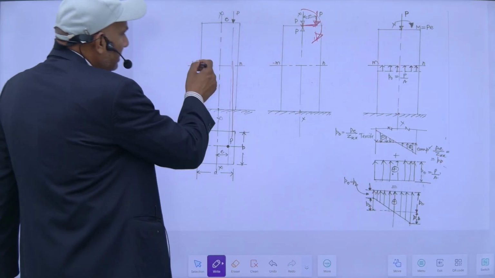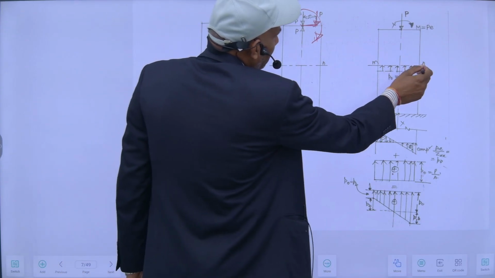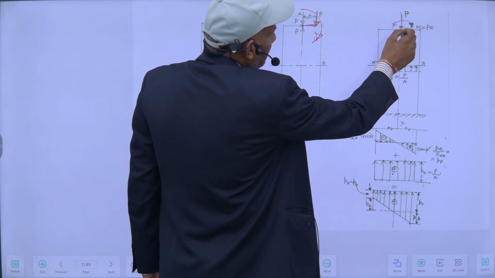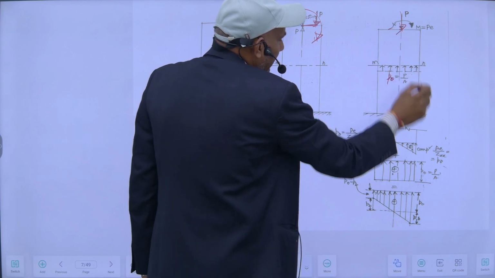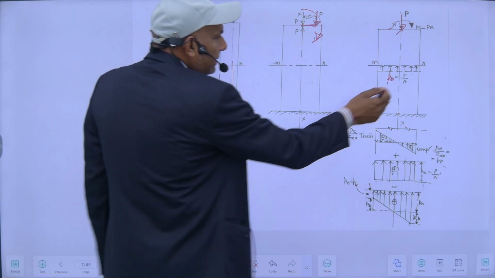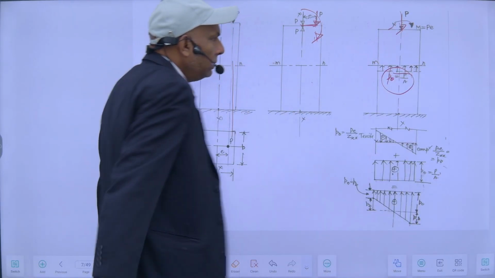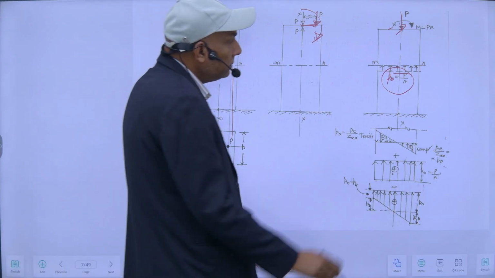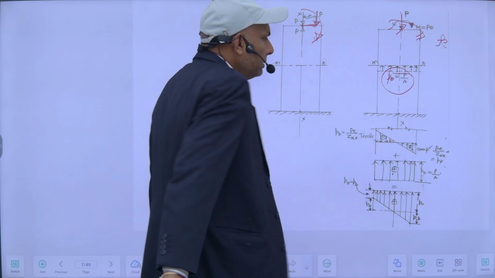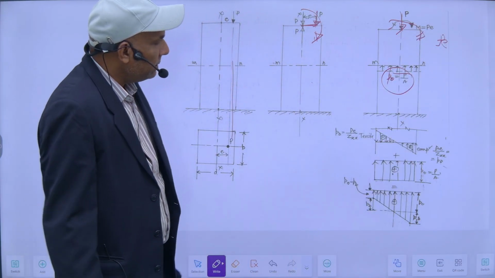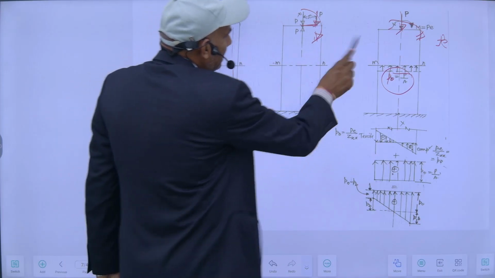If I consider this section Mn, there will be direct stresses because of this load. That direct stress is equal to load upon area. So this stress is because of this vertical load. And what about this moment, which is P e? Because of this there will be bending stresses.